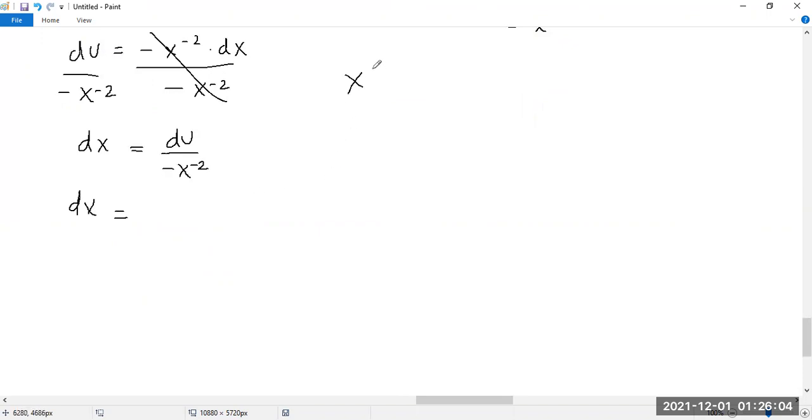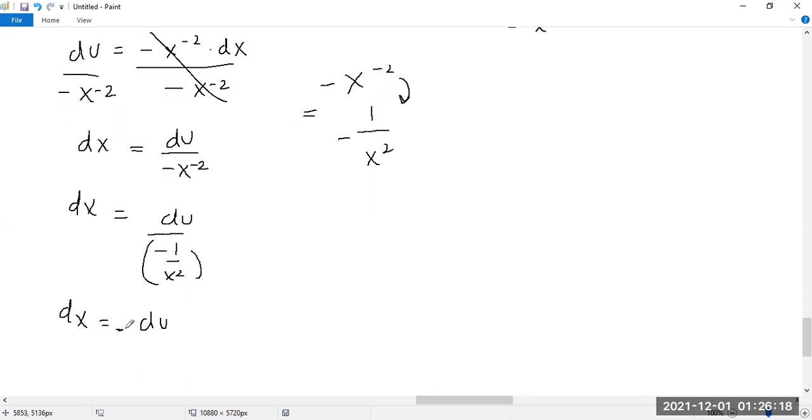We have x to the negative 2, which is 1 over x squared if we take that to the bottom. So we have du over negative 1 over x squared. So dx becomes du multiplied by the reciprocal of this, which is x squared. So dx will actually equal negative du times x squared.